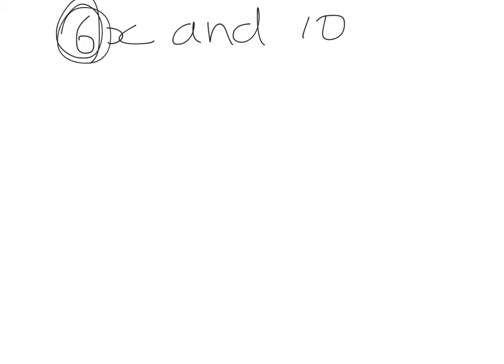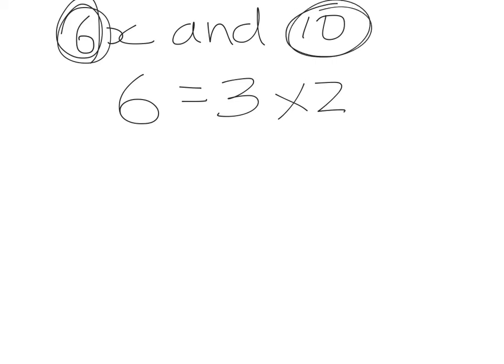What times what equals 6? Well, we know that 3 times 2 equals 6. Now let's break down 10. What times what equals 10? Well, we know that 5 times 2 equals 10.